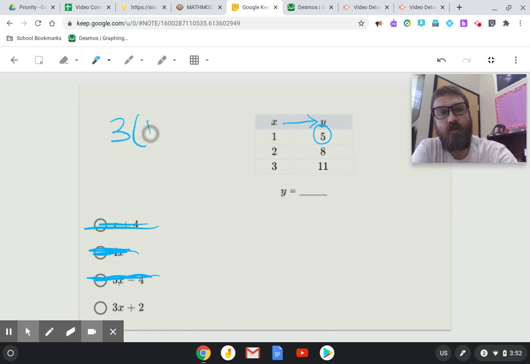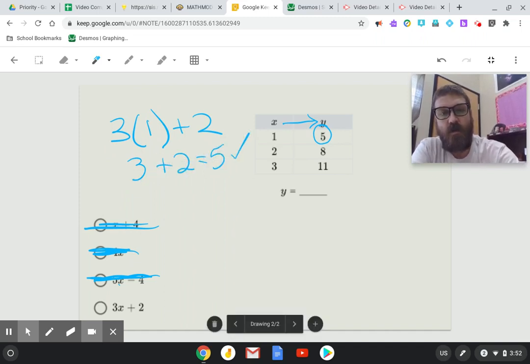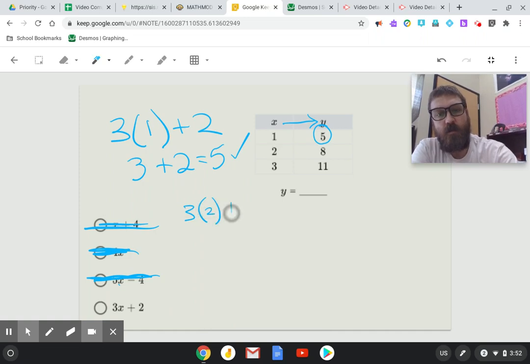3 times 1 plus 2. 3 times 1 is 3, plus 2 is 5. That checks out. Then we move on to 2. 3 times 2 plus 2. 6 plus 2 equals 8.